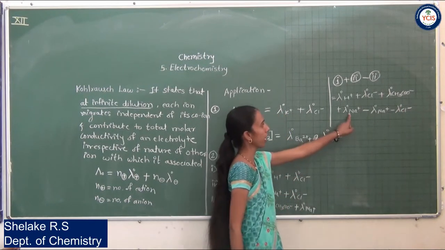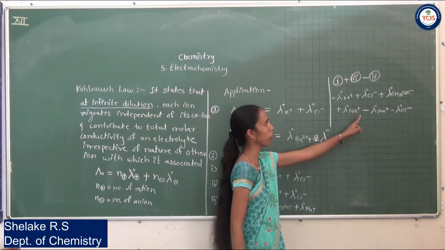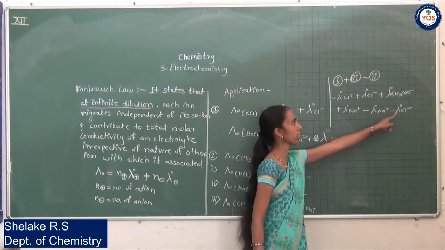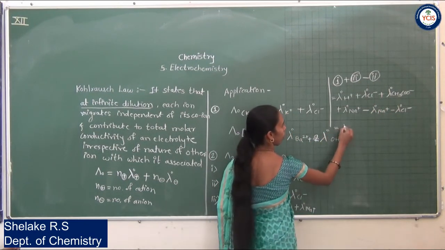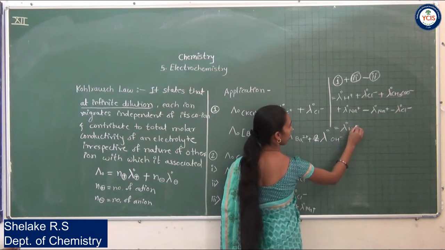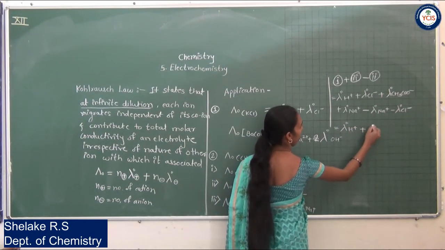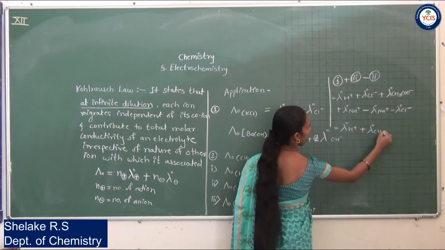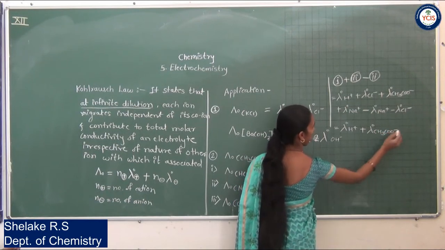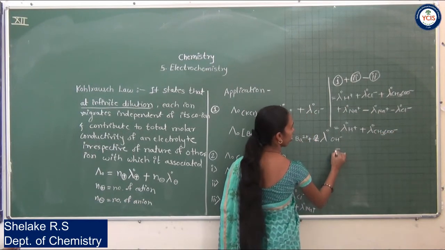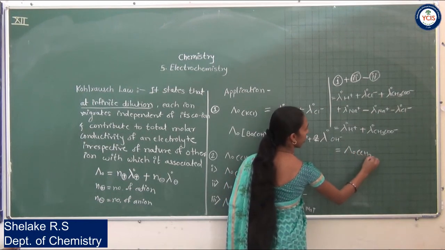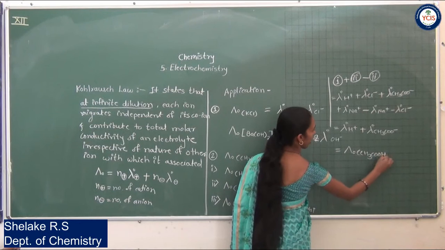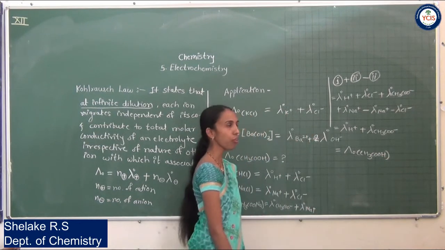Now this Na plus will cancel, plus and minus, and this Cl minus will cancel, plus and minus. So you will get lambda 0 H plus plus lambda 0 CH3COO minus, and this is nothing but lambda 0 of CH3COOH, that is the molar conductivity of acetic acid.